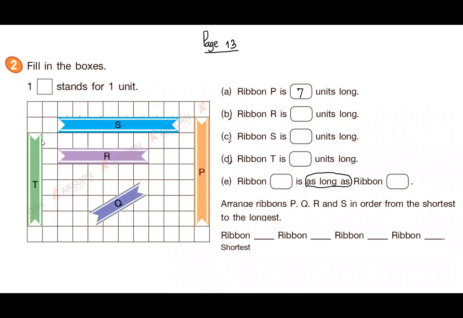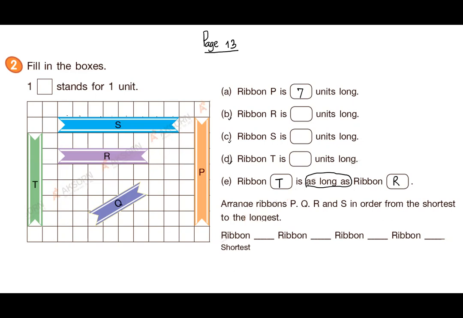Let's try ribbon R. 1, 2, 3, 4, 5, 6. You see? So they have the same length. So we say that ribbon T is as long as ribbon R. Okay.